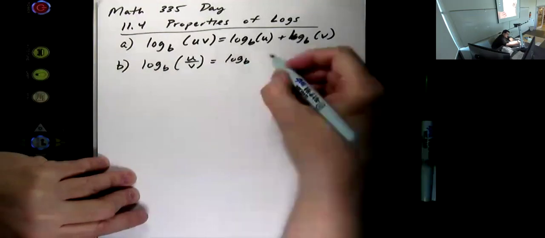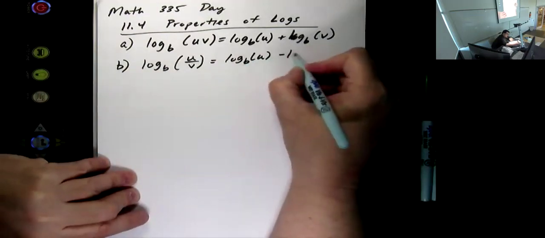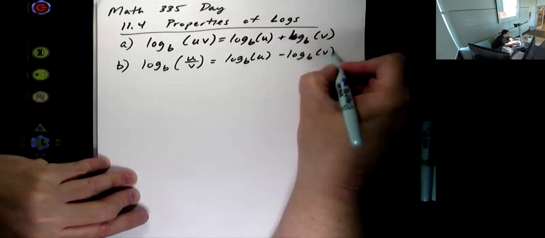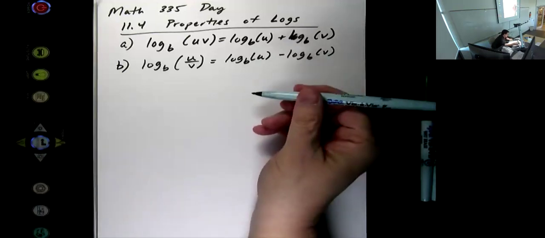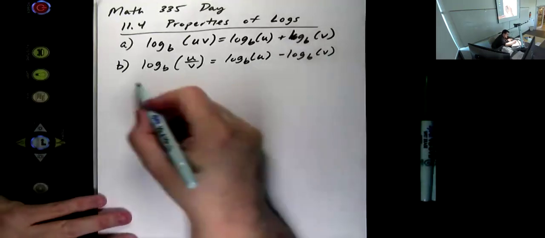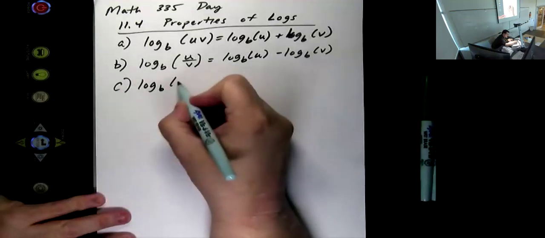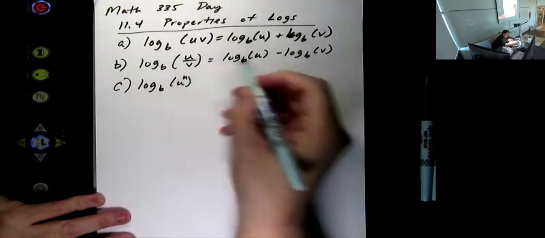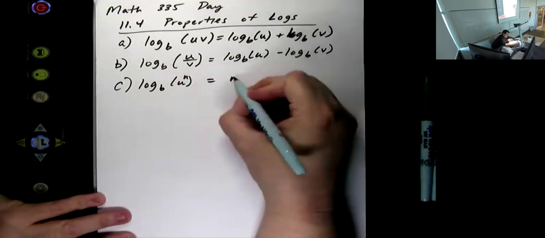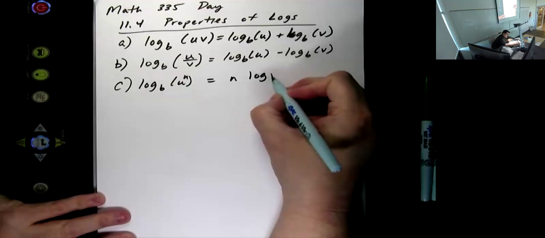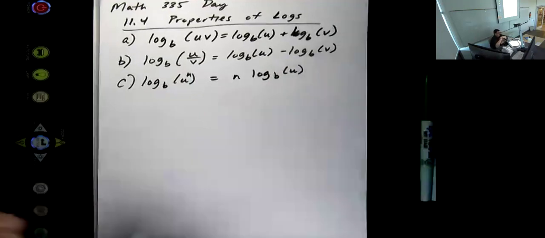Instead of adding, we subtract. And the final rule, I hope you all watched the video on this: u to the n. We can pull the n outside as a coefficient, as a multiplier.